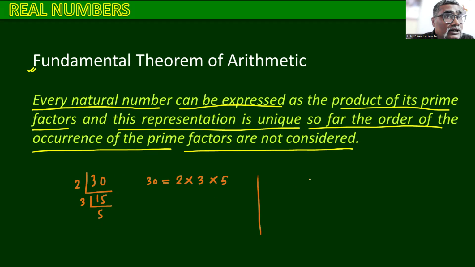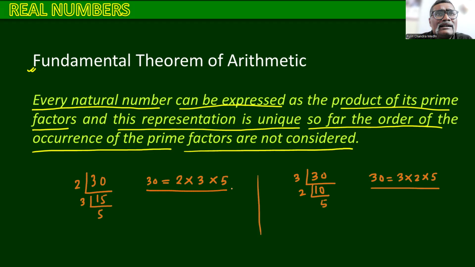Suppose another student wants to do the same thing, but that student tries to divide by 3 first because he has seen 30 is divisible by 3. No problem. And then by 2 and then 5. And he has written 3 into 2 into 5. Do you find that the second student is wrong? Certainly not. It's also correct.